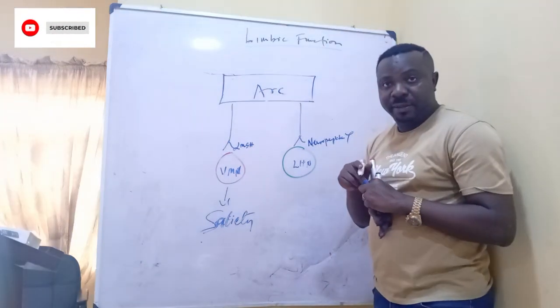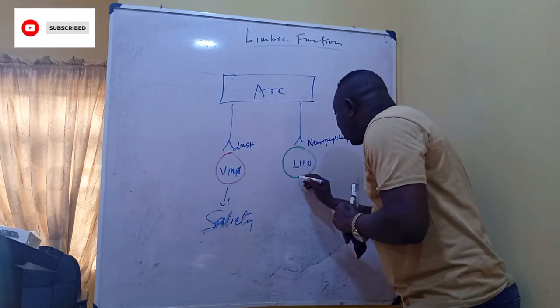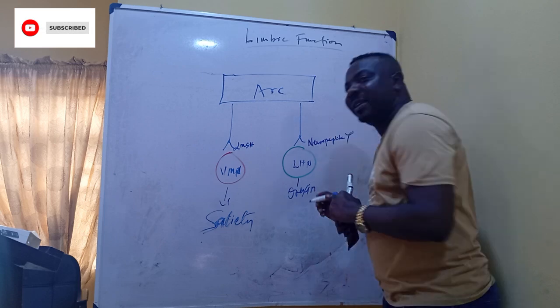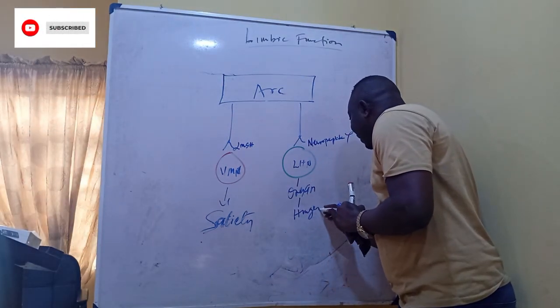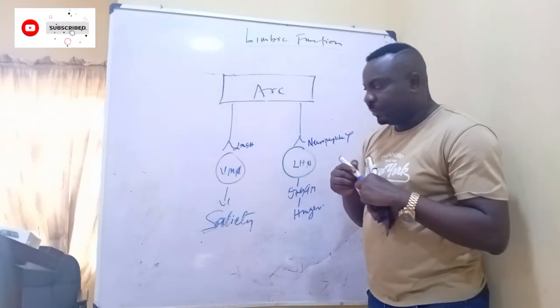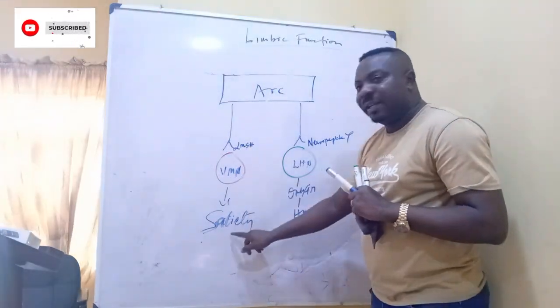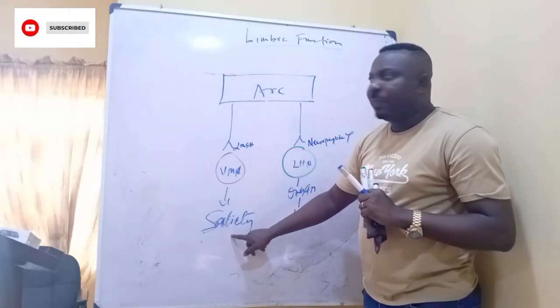When it stimulates the lateral hypothalamic nucleus, the lateral hypothalamic nucleus will release orexin. And orexin brings about hunger. When the ventromedial nucleus is stimulated, it brings about satiety, that is satisfaction. Are you there?